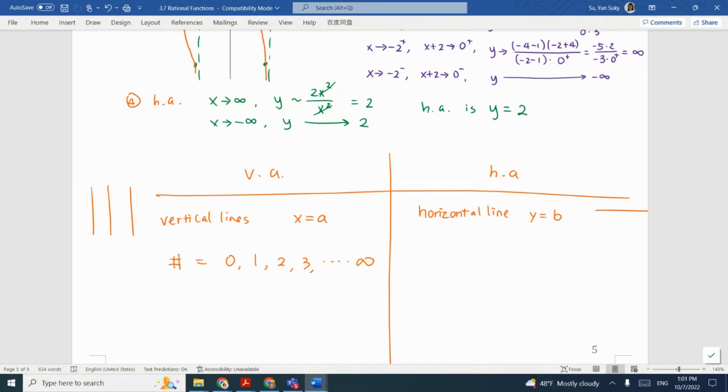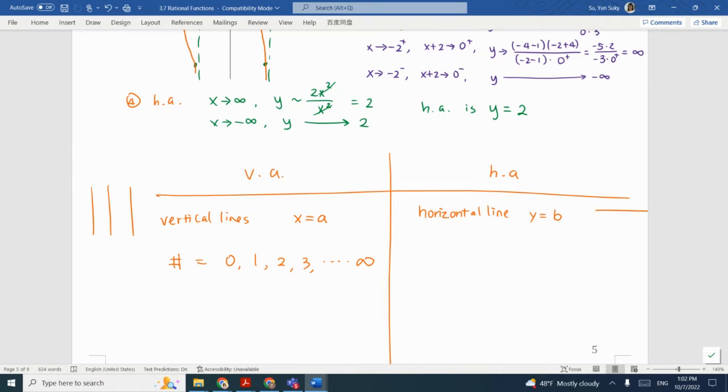So in the second half of the semester, we'll talk about trig functions, and then we will learn tangent x. Tangent x has infinitely many vertical asymptotes. Okay, so the number of vertical asymptotes can be 0, can be 1, can be infinity.